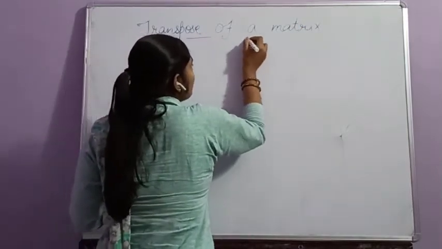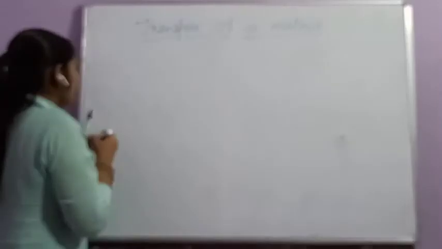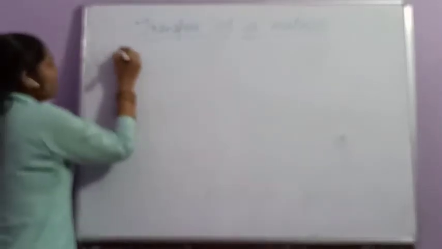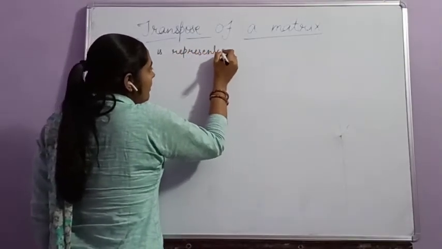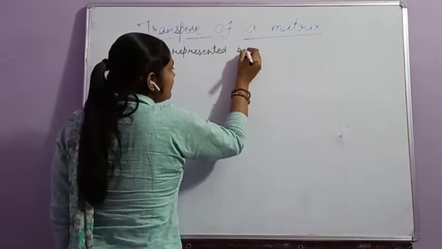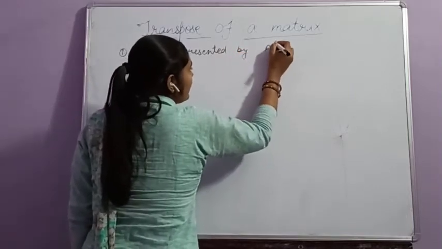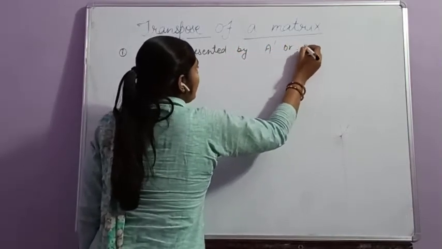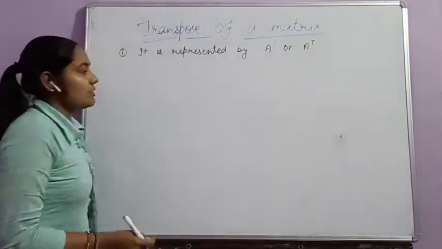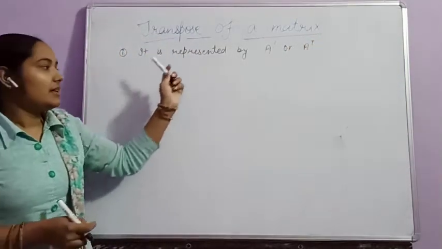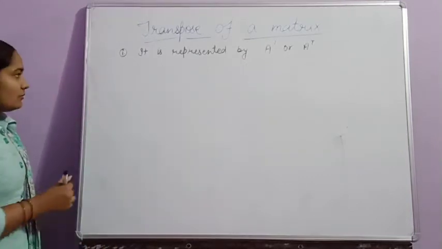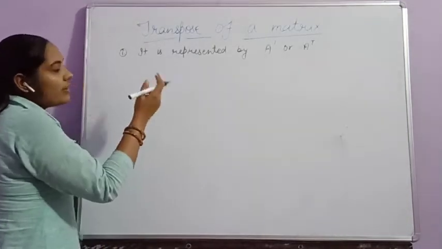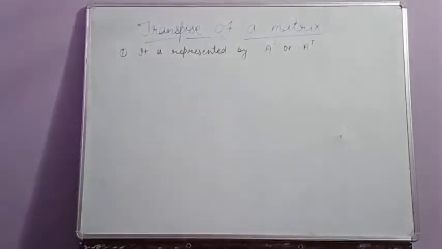Transpose of a matrix is first represented by A dash or A transpose. Here we can represent it as A dash or A T. Clear? Now, how do we find out the transpose of any matrix?